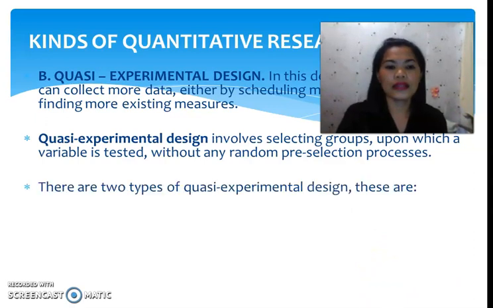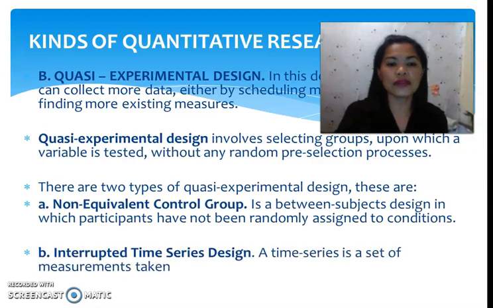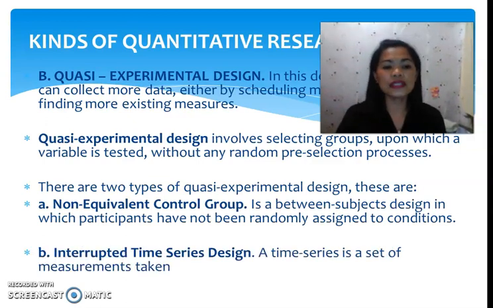Okay, and there are two types of quasi-experimental design. These are non-equivalent control group and interrupted time series design. In the non-equivalent control group, it is a between-subjects design in which participants have not been randomly assigned to conditions.